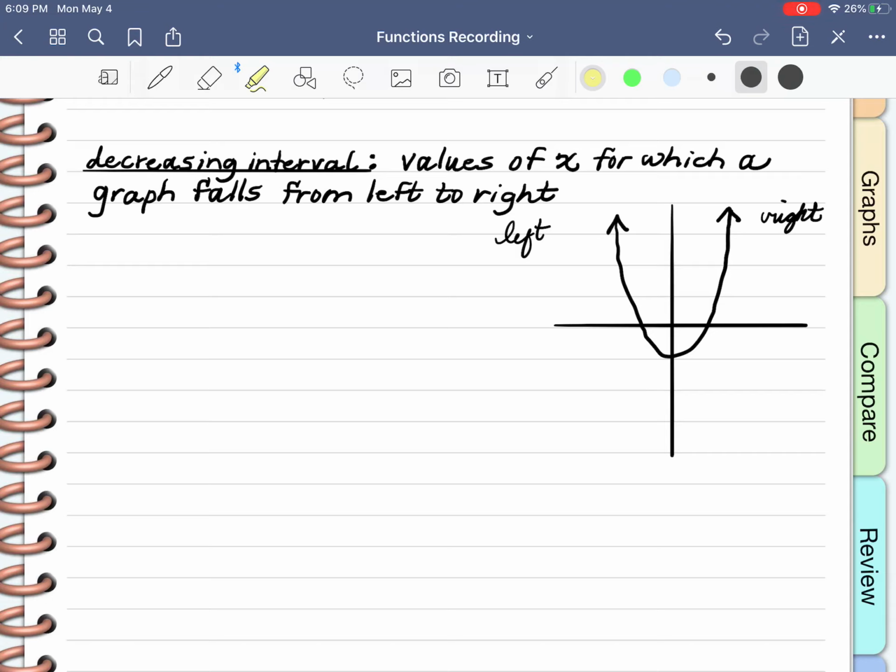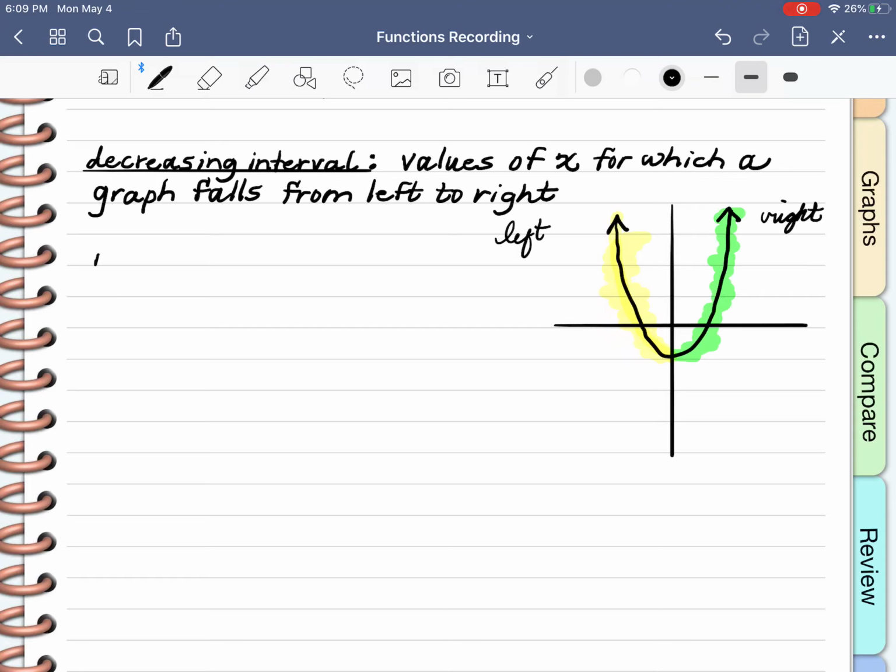So let's see what's happening right here. You see how that graph is falling from left to right? It's dropping from left to right. That's the decreasing interval. It is in here where the graph is falling, and then it makes its turn and it starts to increase. So there is the increasing interval.